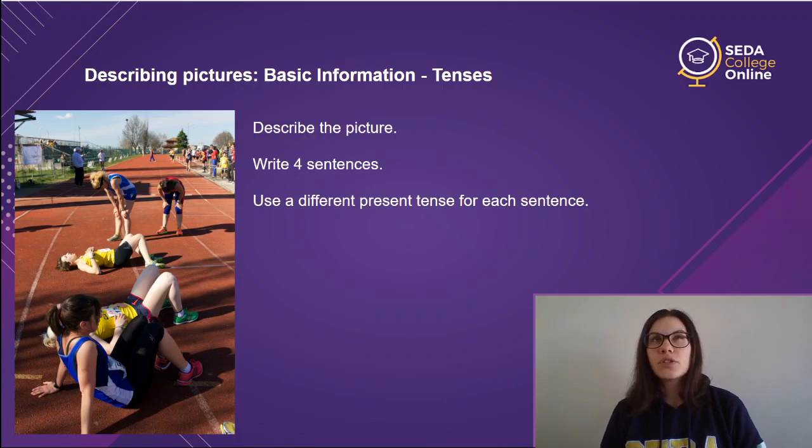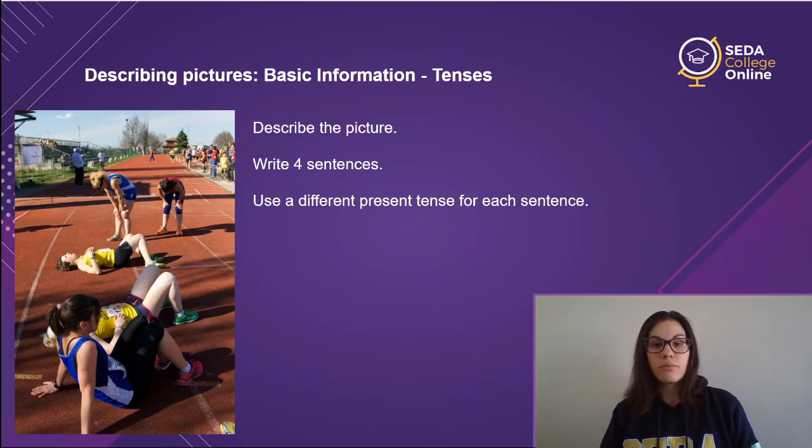For the present perfect simple, as I did before, you can write what have they just done, something that has just finished, maybe, okay? And for the present perfect continuous, remember, we are talking about something that had a long duration, and I can see the results of this action.